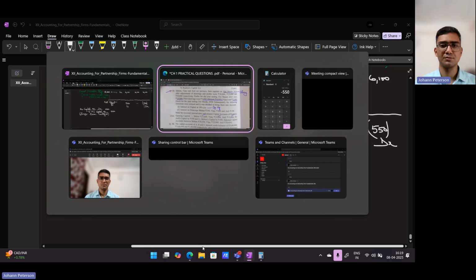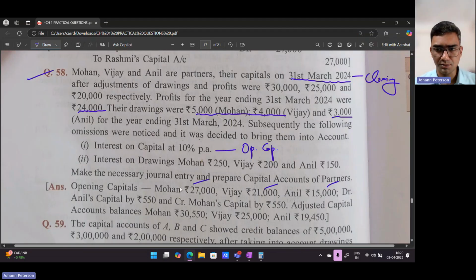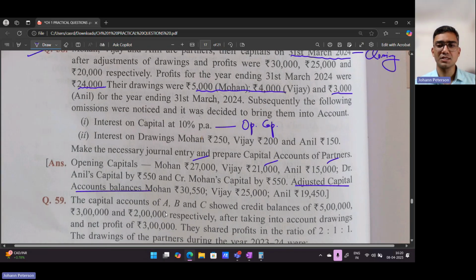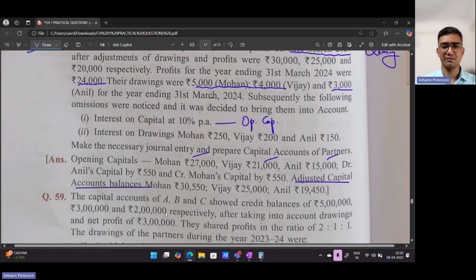And as I think we also have to find the adjusted capital account balances, this means that whichever account we have prepared and found closing balances, which were our opening balances in all those accounts, now because of this effect, the closing balances will change. So let's apply this entry to those closing balances.